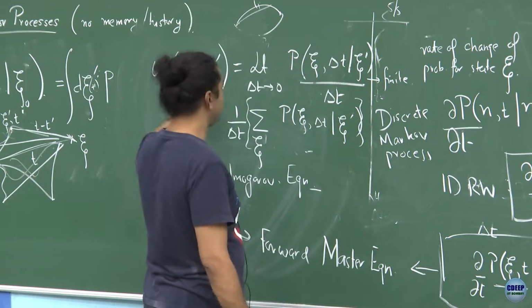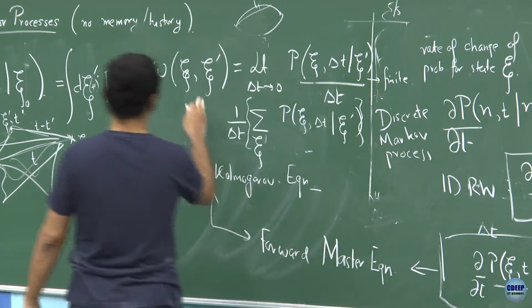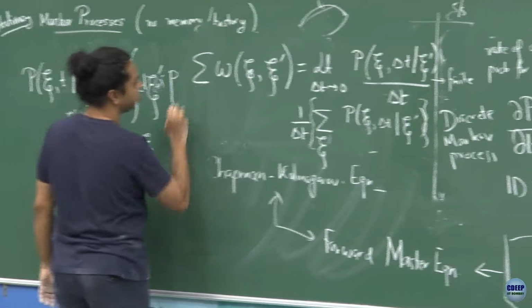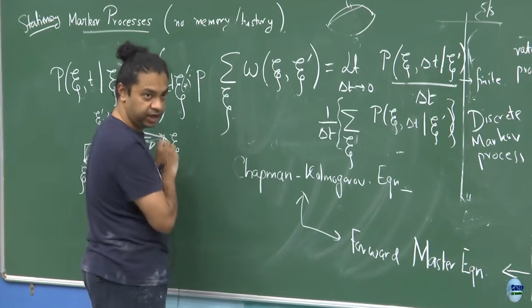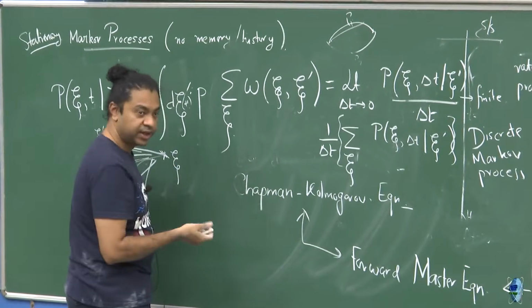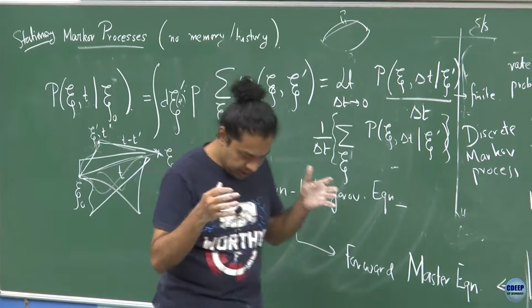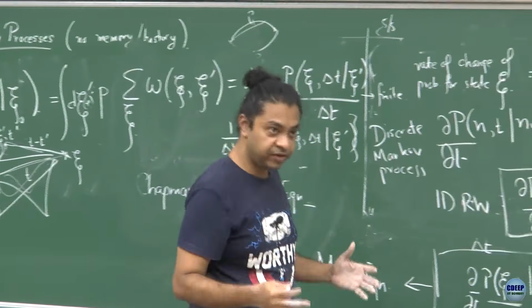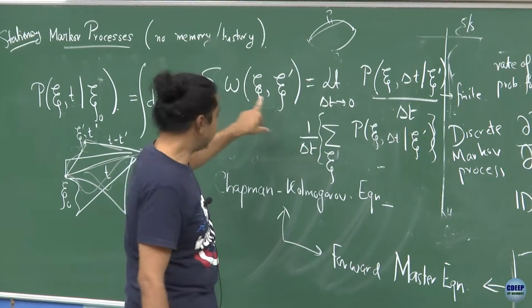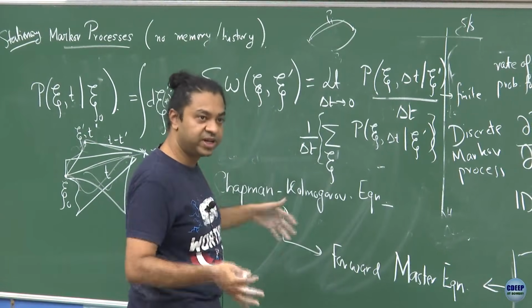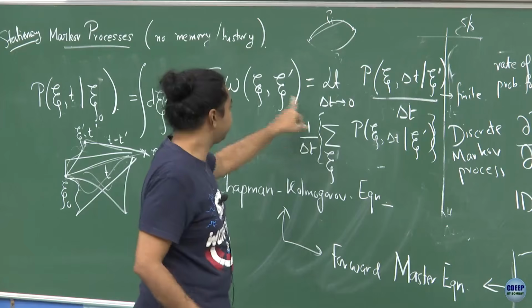If I take this summation of these omegas over all possible states xi, what does this give me? This gives me the inverse of this, these units of inverse time, 1 by delta t. So the inverse of this summation gives me the typical time I stay at that state xi prime.